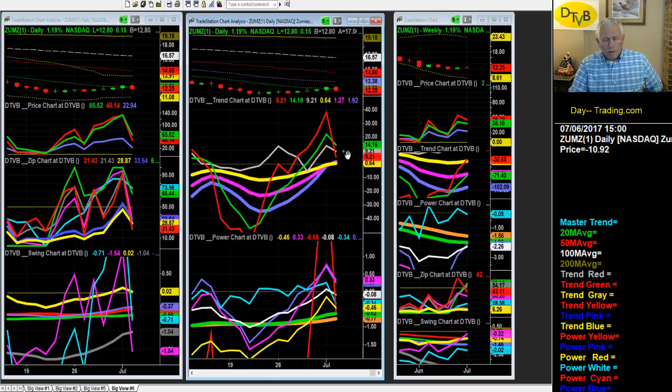But this one looks fairly good. The trend red down touch blue, when it crosses the green line, is usually a pretty strong reversal pattern going back up the next day. So we'll see what happens tomorrow morning after the market opens, and we'll go from there.